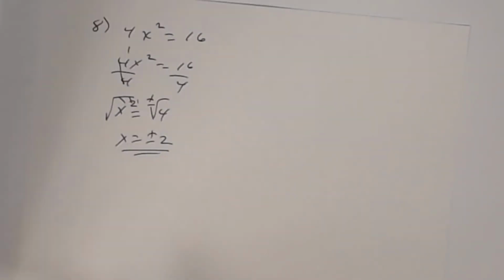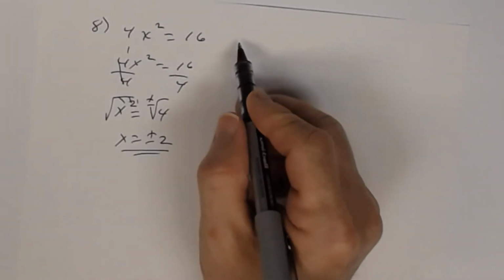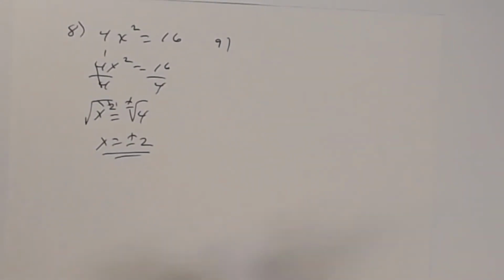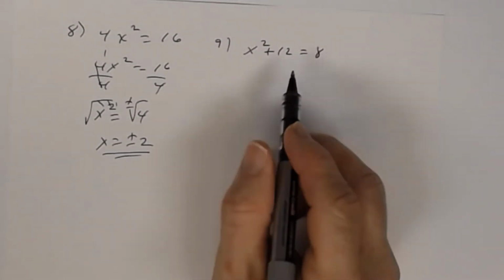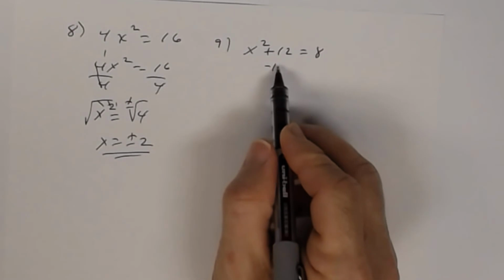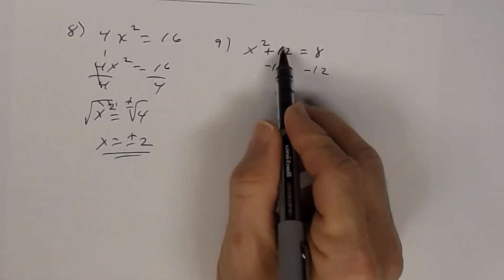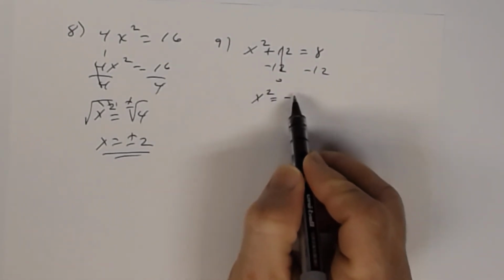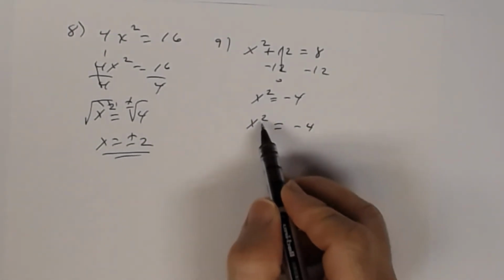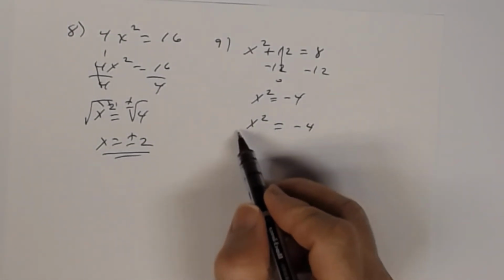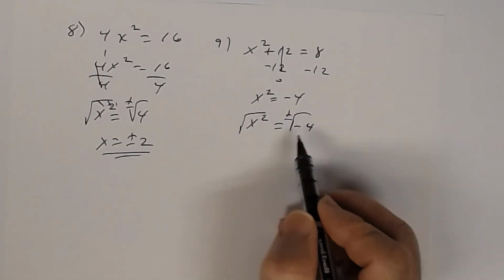Number 9. In number 9, we have x squared plus 12 equal 8. So getting x squared by itself, I'm going to go ahead and subtract 12 from both sides. And so when I do that, I'm going to get x squared equal negative 4. At this point, to get x by itself, right now I'm squaring, the opposite of squaring is to take the square root of both sides, plus or minus.